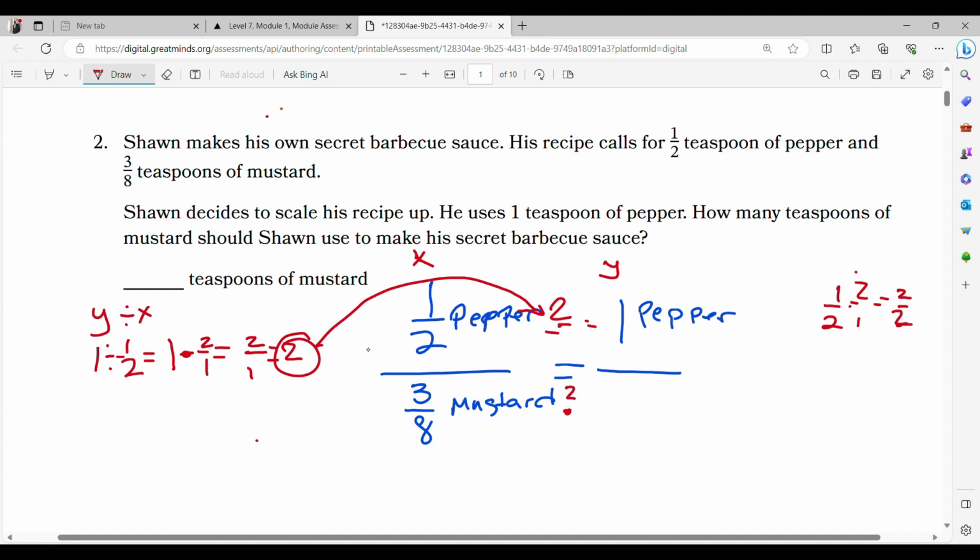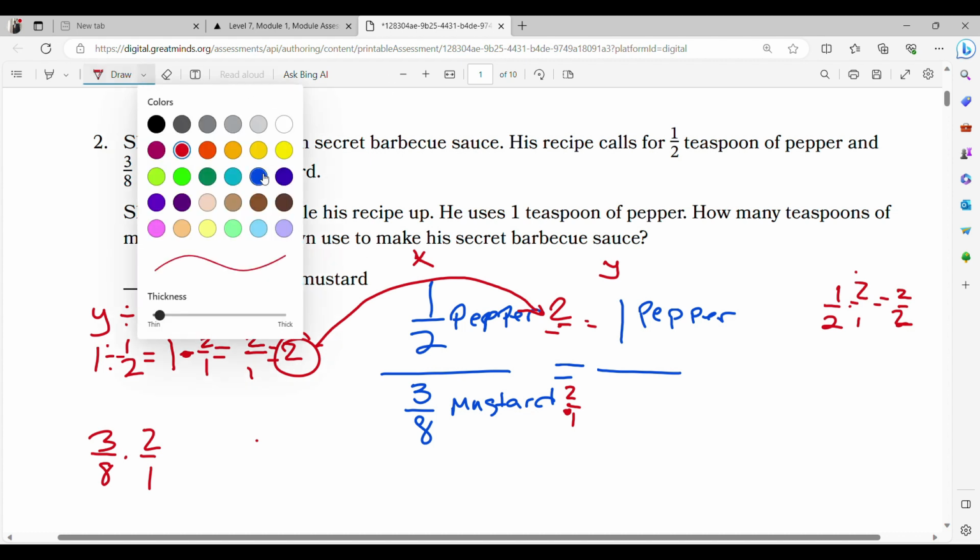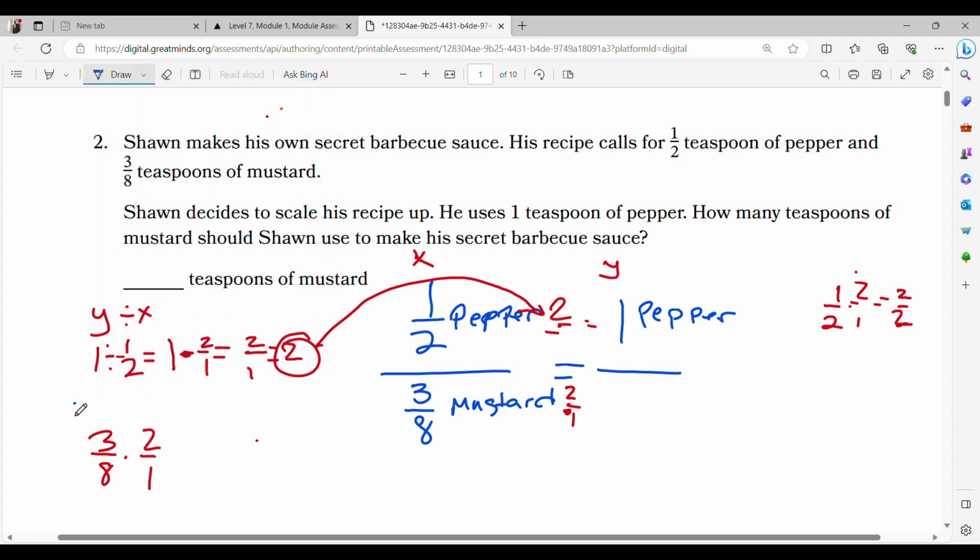3/8 times 2/1. Let's do it over here. 3/8 times 2/1. If you know anything about Professor Woods, he does not like big fractions. So we're going to reduce. 2 goes into 2 once, 2 goes into 8 4 times.